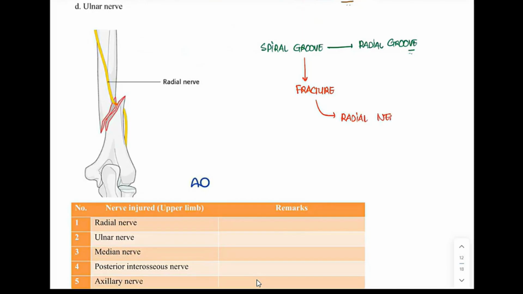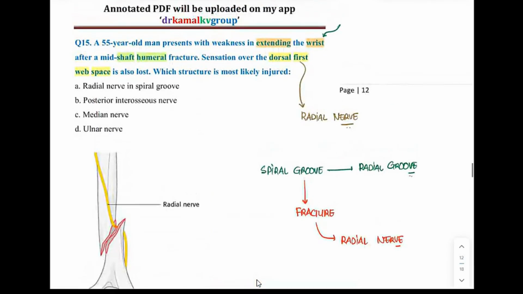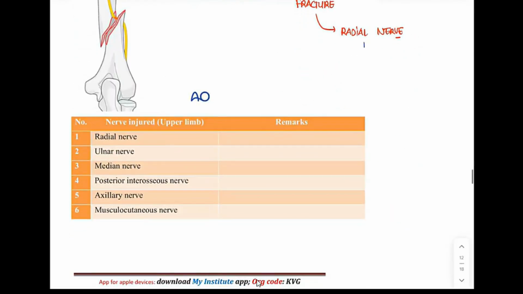So radial nerve paralysis can occur, and the extensors of the wrist are paralyzed. Extensors of wrist are also known as dorsiflexors.